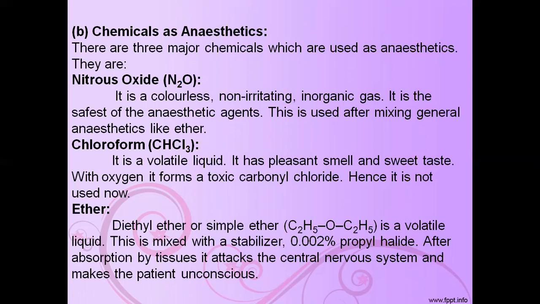The next one is ether. Diethyl ether or simple ether is a volatile liquid. This is mixed with a stabilizer, 0.002% propyl halide. After absorption by tissues, it attacks the central nervous system and makes the patient unconscious.